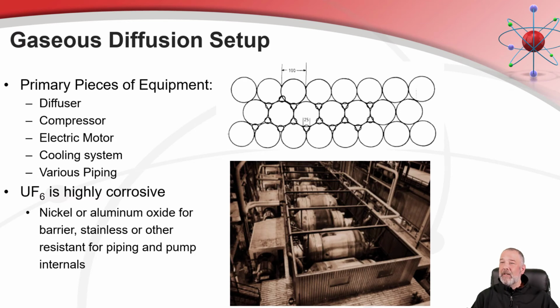If we take a look here at the top, we have a very stylized version of what our diffusion barrier would look like in multiple layers. Here are the atoms or molecules of whatever our diffusion barrier is, looking from the high pressure side at the barrier going into the low pressure side.